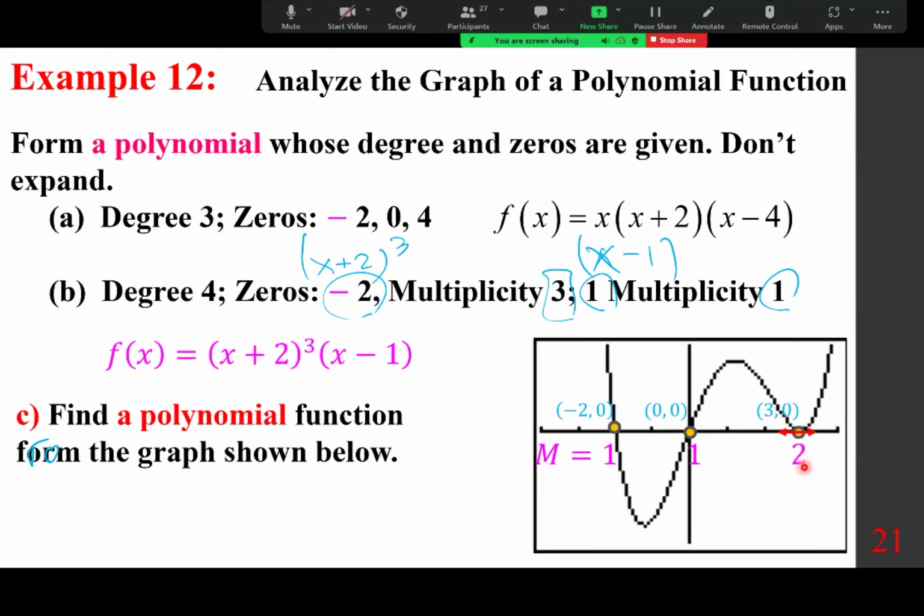So we're going to say x times x plus 2 times x minus 3 squared. Again, this one gives you x plus 2, this one gives you x minus 0, which is x, and this one gives you x minus 3. Please remember, this is the multiplicity, everybody. So for x minus 3, the multiplicity is 2. And notice the degree: this is 1, this is 1, and this one is squared, 2. So the degree is 4 here. We want to go with the minimum degree.